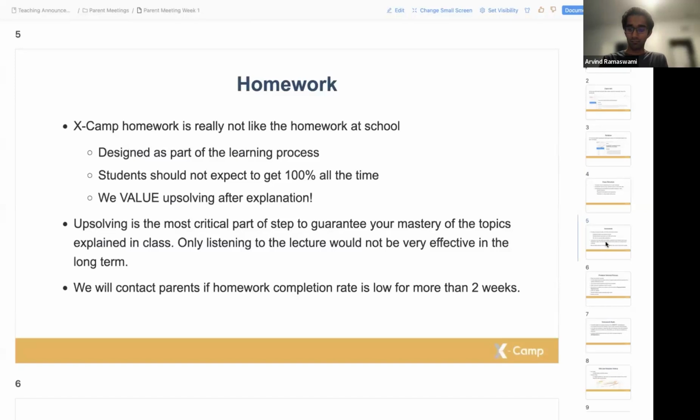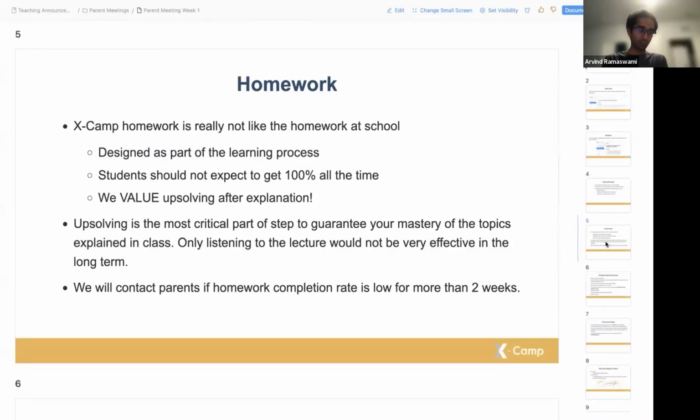With coding, that's not quite the case. Even if you understand the content, it really takes some time to practice it. You should not have the expectation that you're always going to get 100% during the week on your very first try. We really value upsolving, the idea that once you've tried the problem, you go back to see if you can try it again until you get 100% on the question or on your homework.